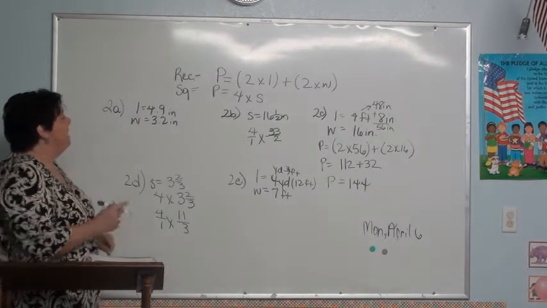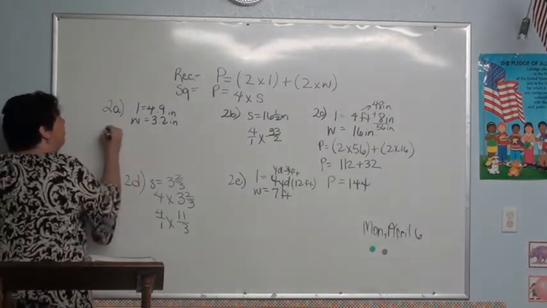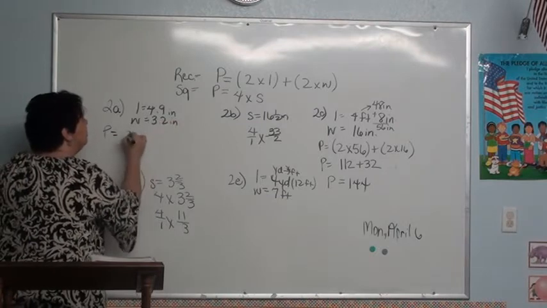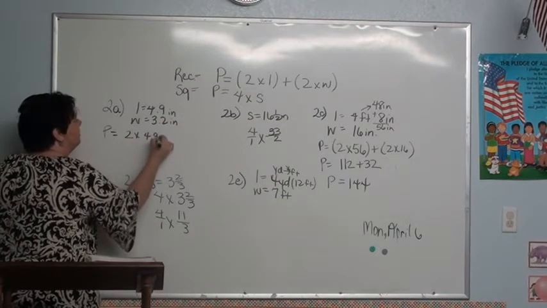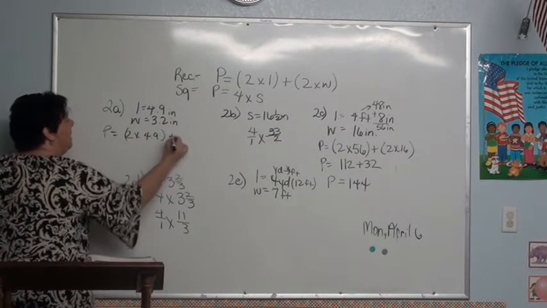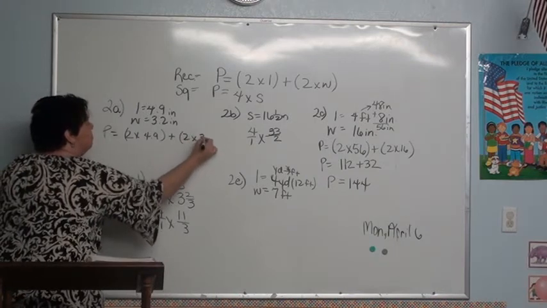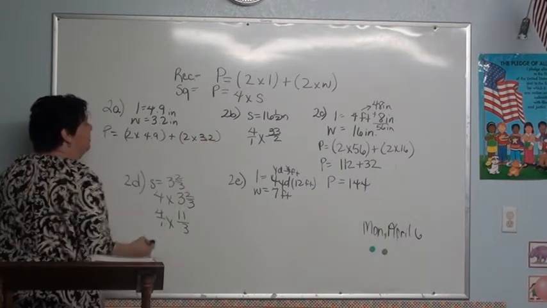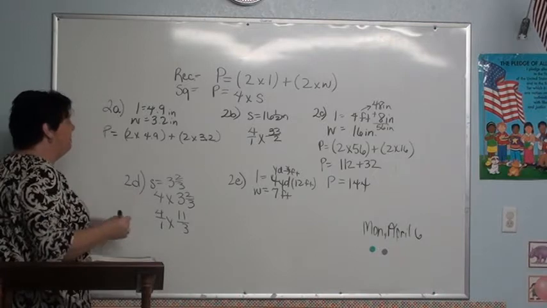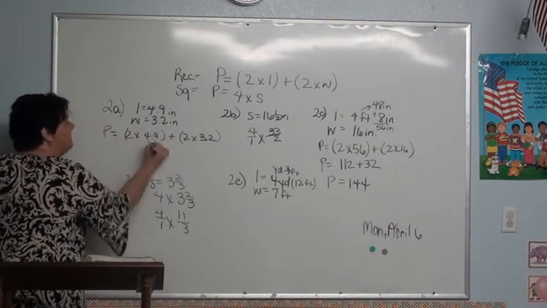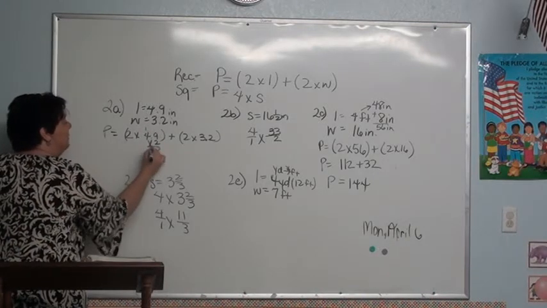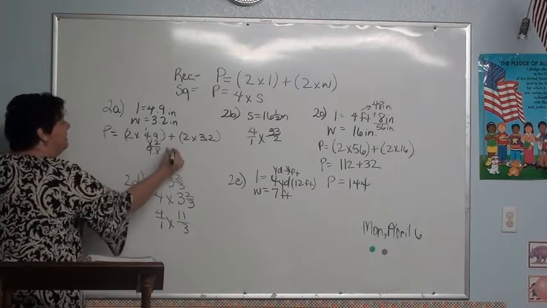The length is 4.9. Let's go to our formula. Perimeter equals 2 times length, which is 4.9, plus 2 times width, which is 3.2. Now, when we do our math, we have to say 4.9 times 2. That's 9.8.